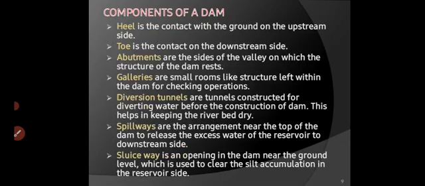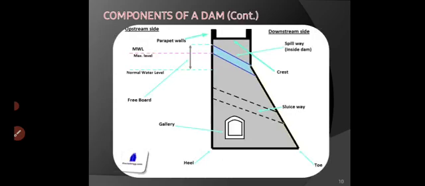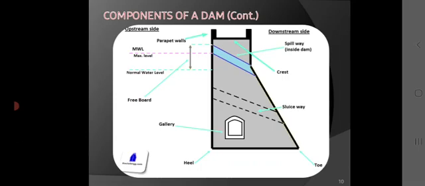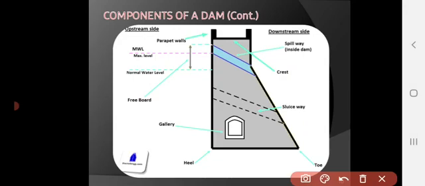Let's see briefly the components of a dam. Before viewing this slide, let's see one more slide which includes the components of dams with a figure. This is a typical cross section of a concrete dam. Starting from the top of the dam, we can see the crest. The crest is the highest level.